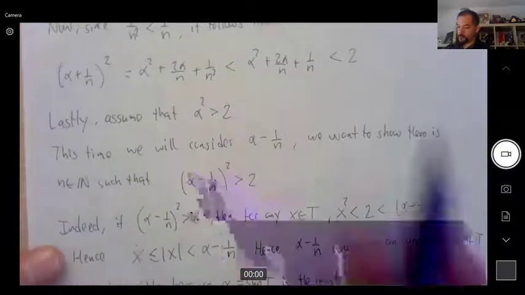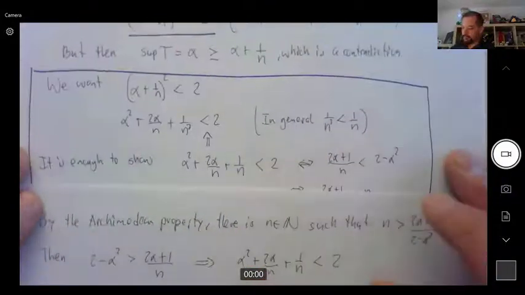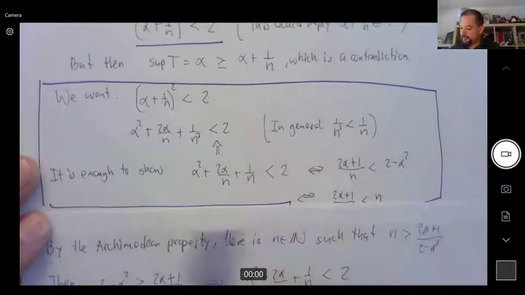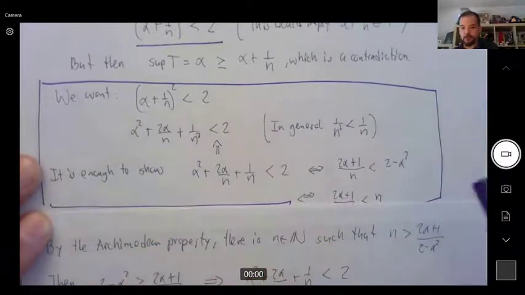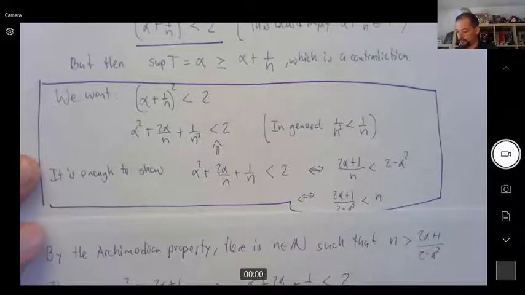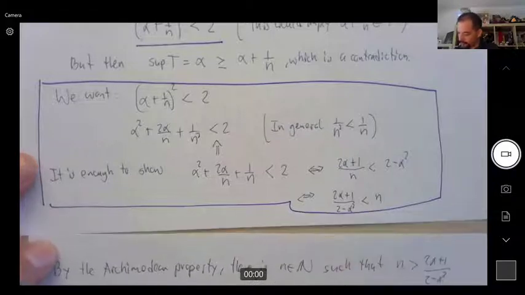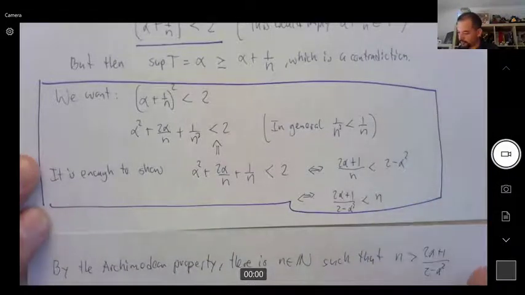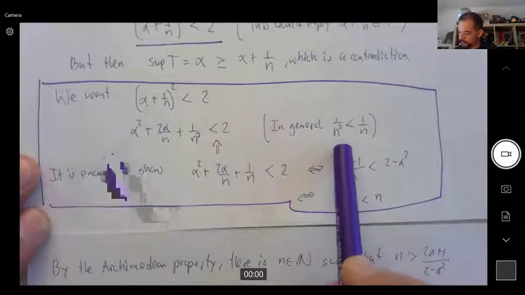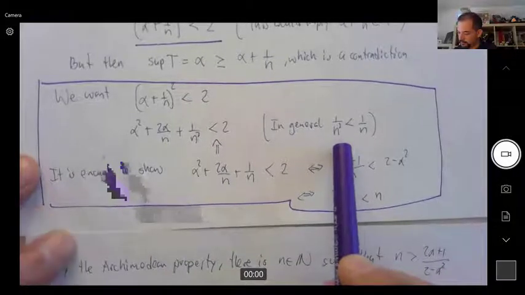Okay, let me go back. So here. Yeah, right here. Which one doesn't work? Why does it not complicate things, the fact that if n equals 1, it doesn't satisfy the in general statement? What is the in general statement? Inside the purple box, in general, 1 over n squared is less than 1 over n. It's not satisfied by n equals 1.